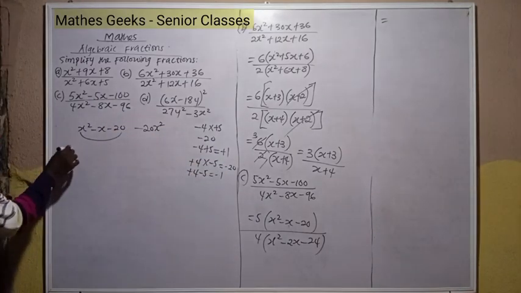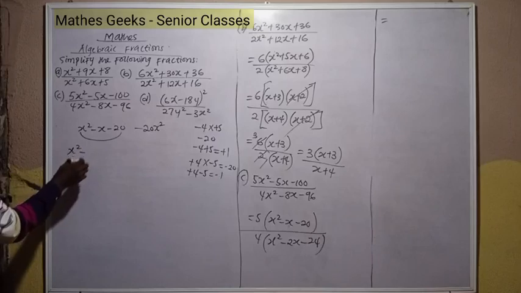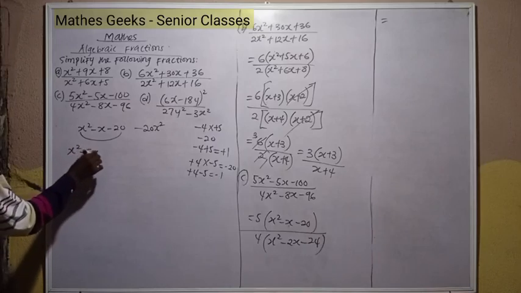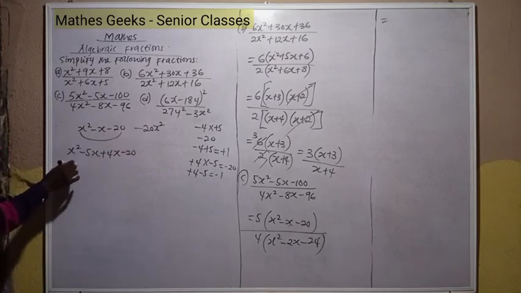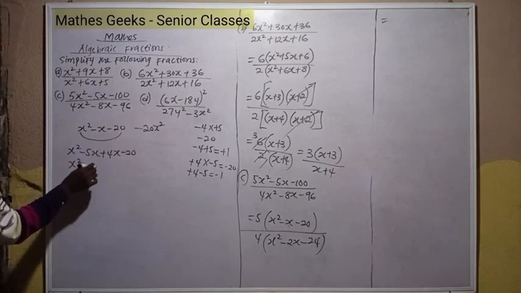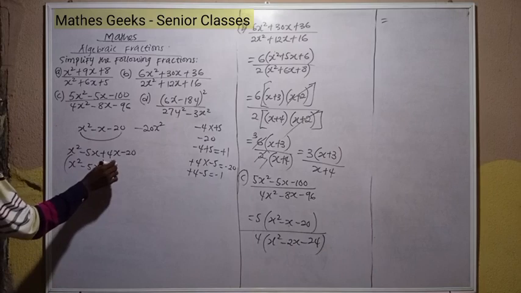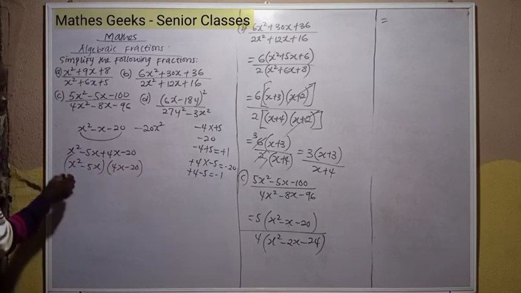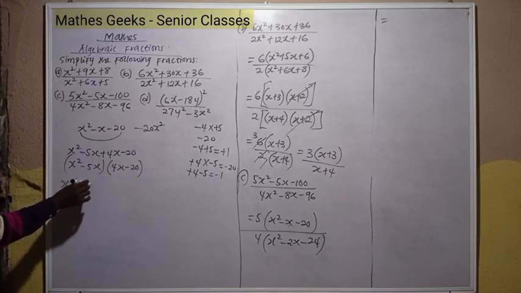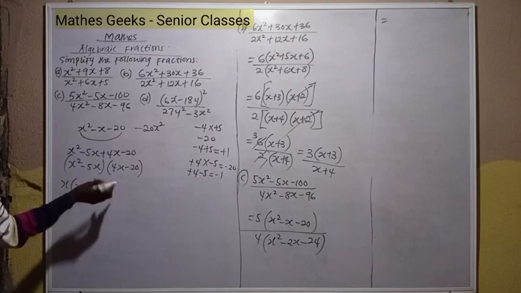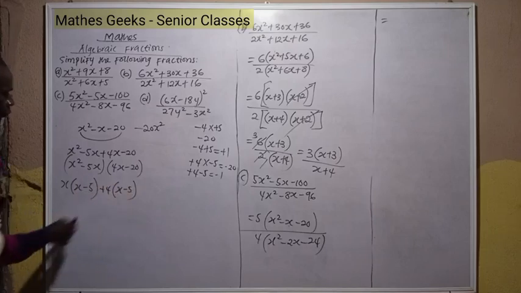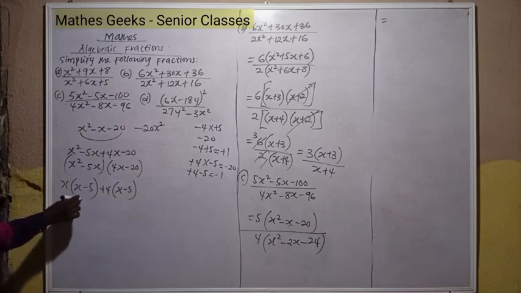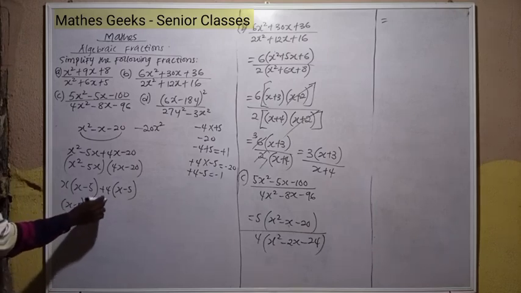So this is x squared minus 5x plus 4x minus 20. So x squared minus 5x and 4x minus 20. So x will give us x minus 5 and then plus 4 times x minus 5. So this is x minus 5 and x plus 4.